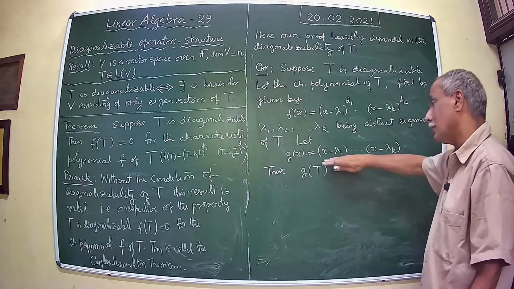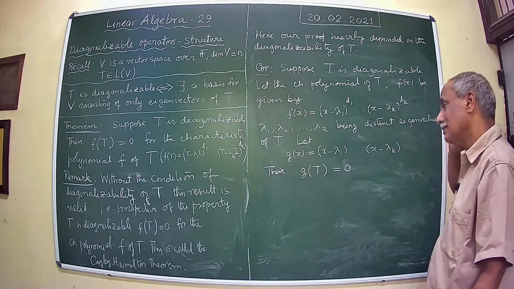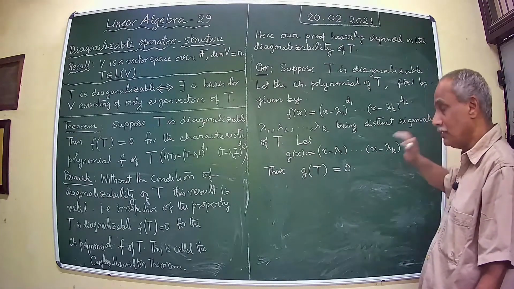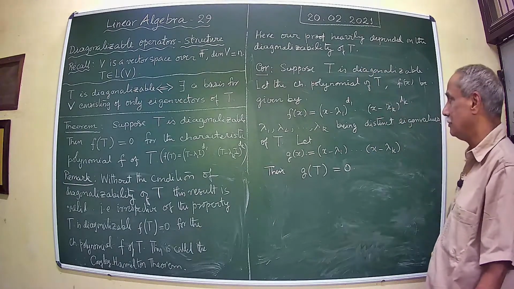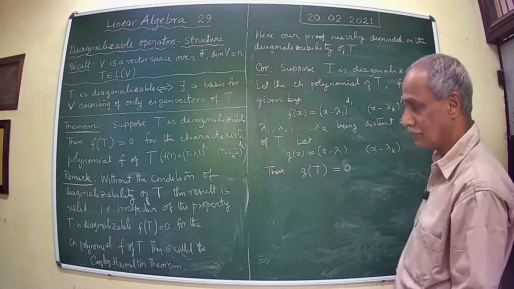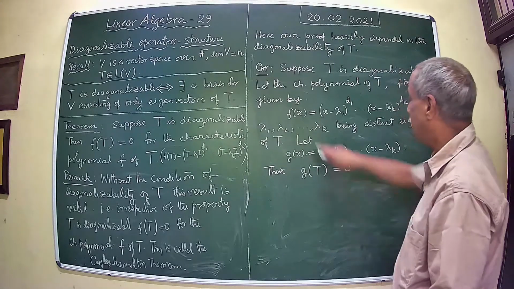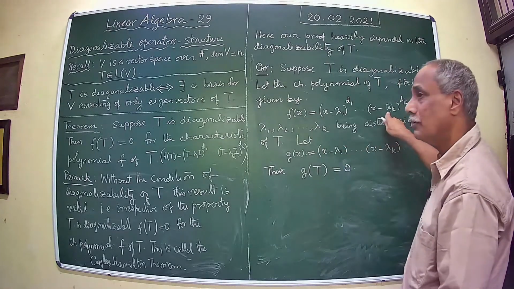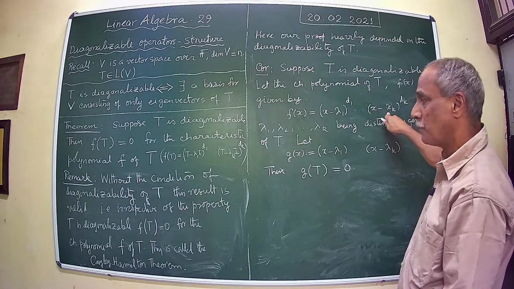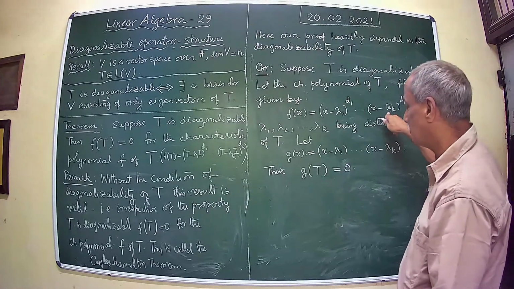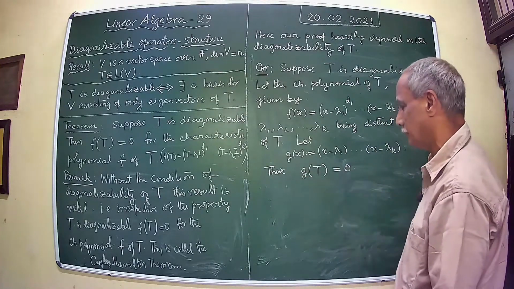One thing that I want to assert here is that if T is not diagonalizable, then f may not break down to a product of linear factors, and g also may not have this property.